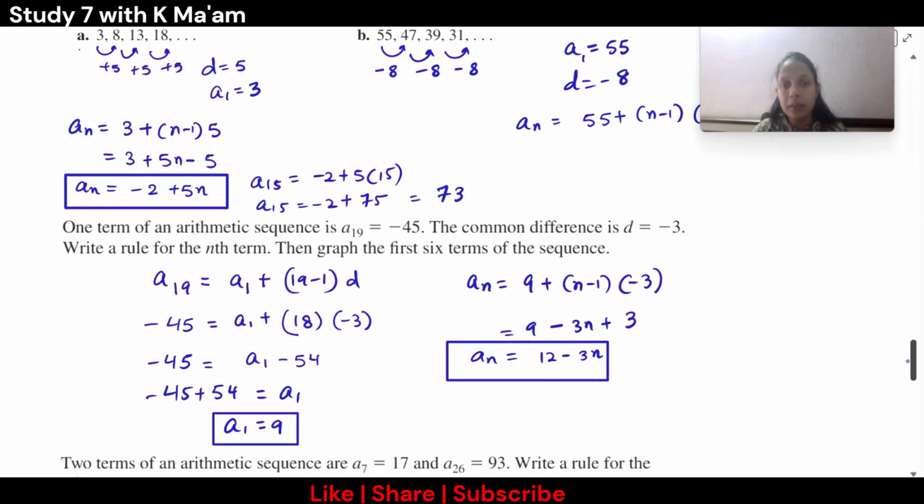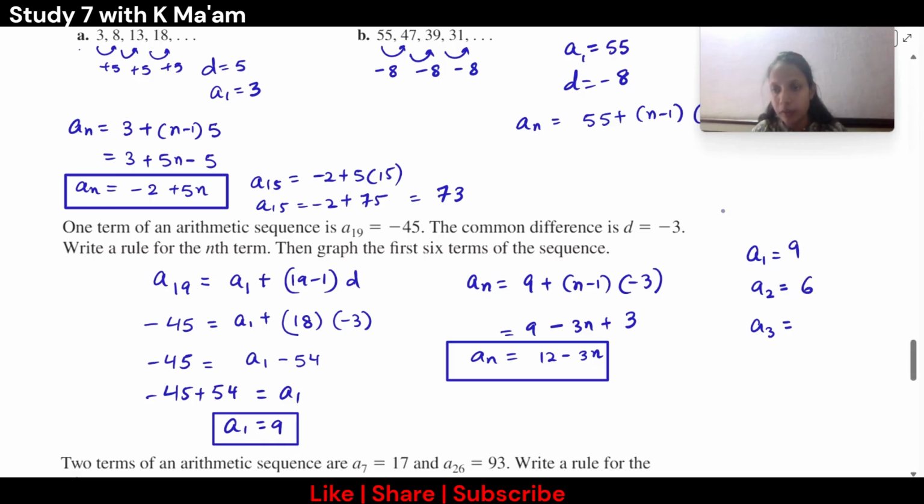Using this general term, it says graph the first 6 terms. You have to find the first 6 terms. The first term is already calculated. It's 9. What is the second term? You can put 2 here. 3 twos are 6. 12 minus 6 is 6.